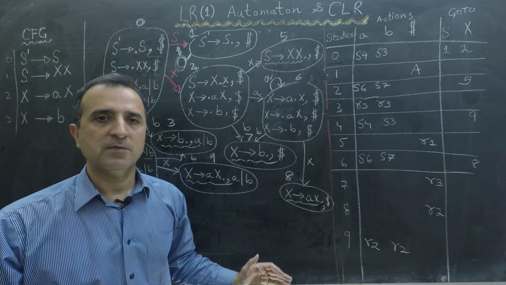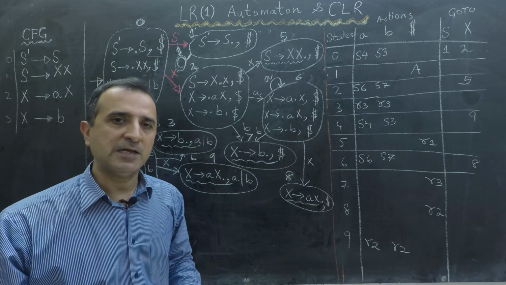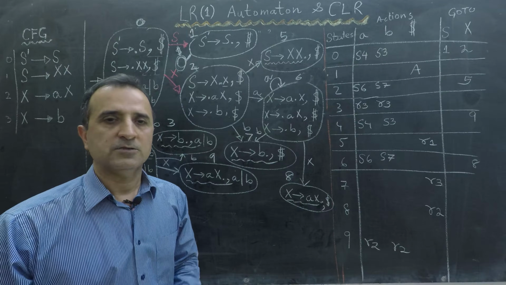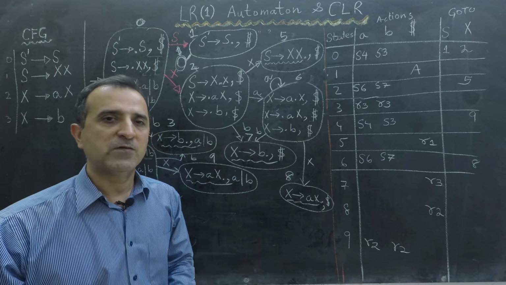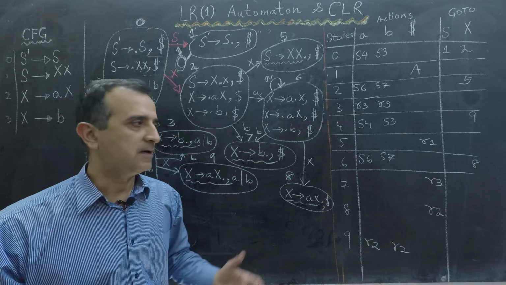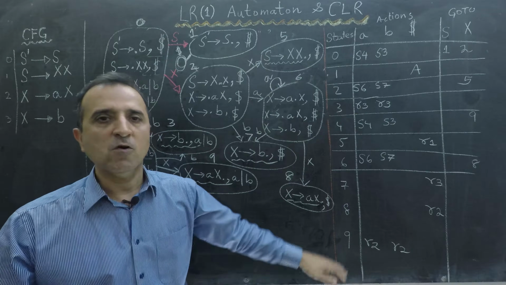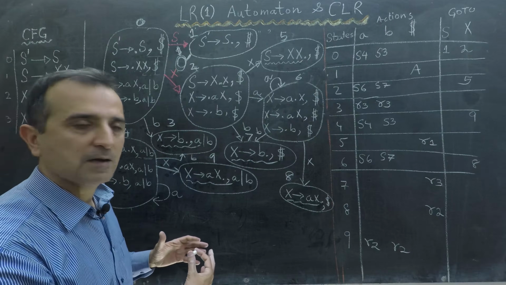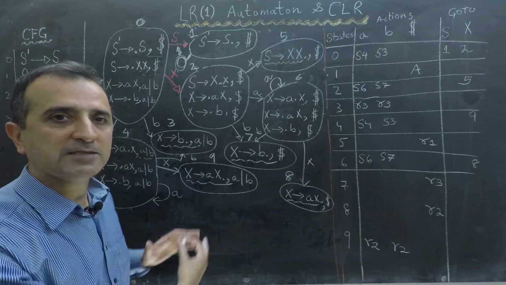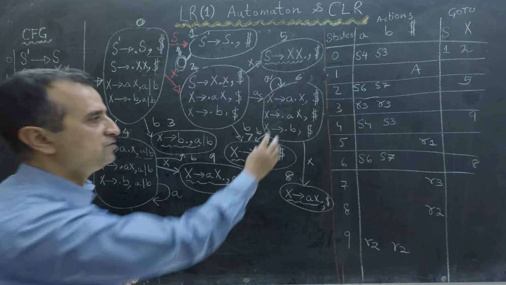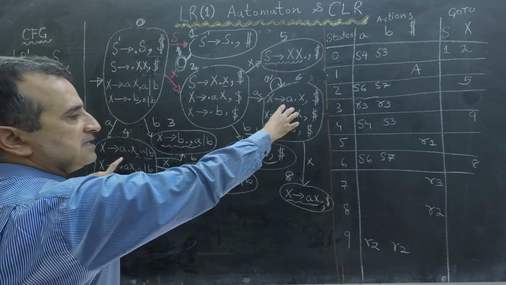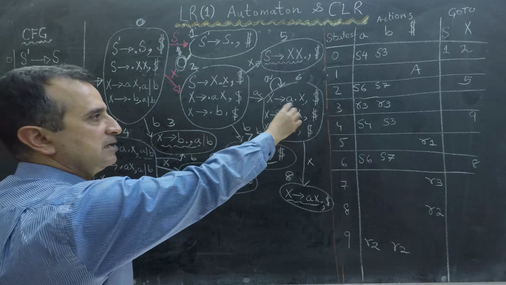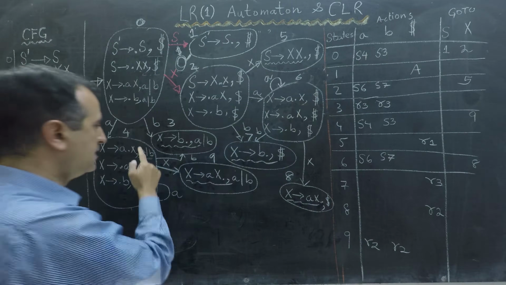I can use this table to run the algorithm that we have already seen previously while discussing SLR. So that's it for this video. In the next video we will learn about LALR, that is, how to make this table more precise, because here the number of states is much more as compared to SLR, because although these two states are the same in terms of productions, we have created two different states because of look ahead.